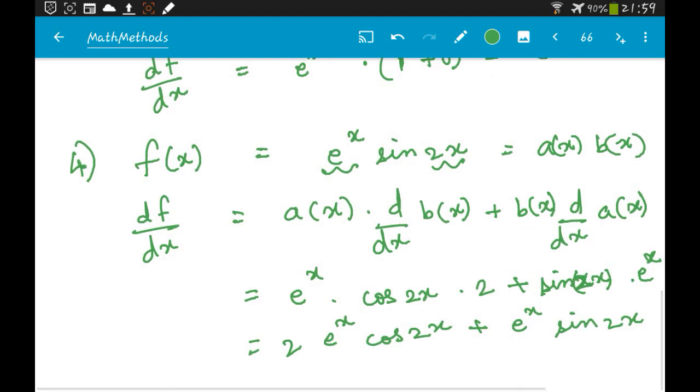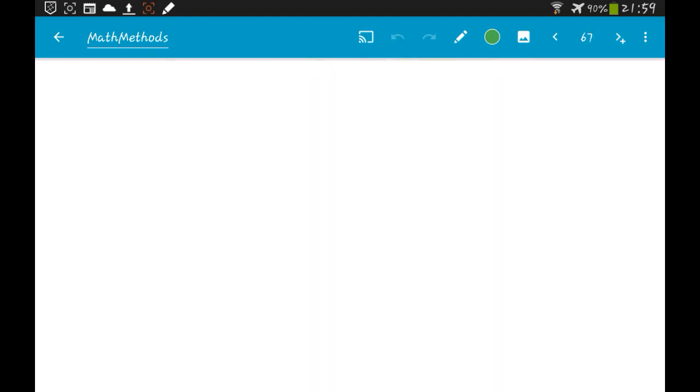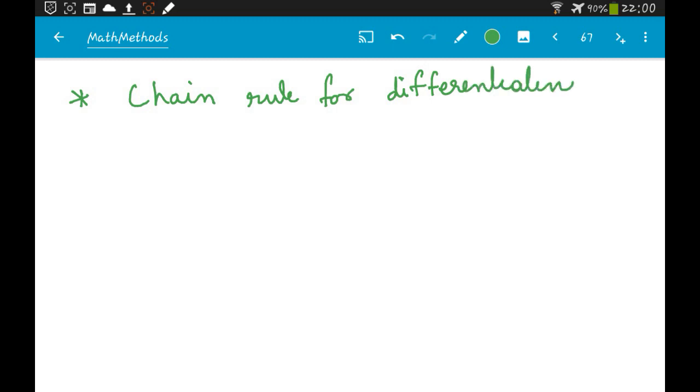Alright, so now let's apply these kinds of differentiations to a multivariable function. So let's look at the chain rule for differentiating a two-variable function.